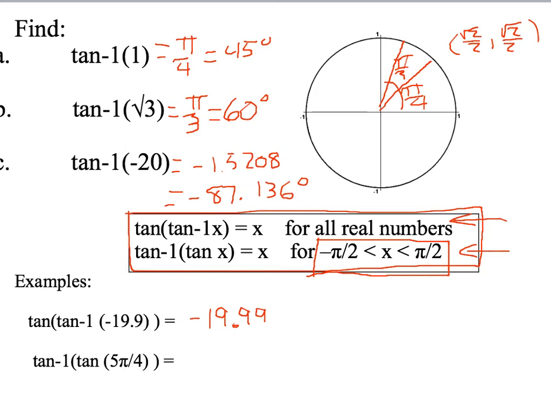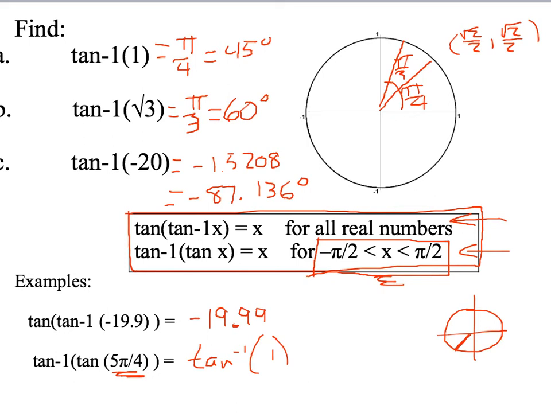And here, for the inverse tangent of the tangent of 5 pi over 4, the first thing I'm going to look at is the fact that this value right here is outside that range of values. And so I need to evaluate each step of this. And so what I'm going to be doing is taking the inverse tangent of 1. 5 pi over 4 does put me in the third quadrant.